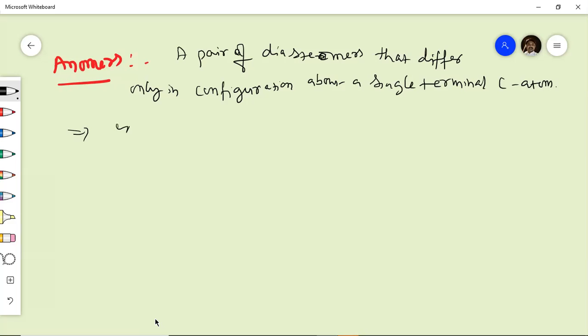For example, ring forms of sugars are said to be anomeric forms.